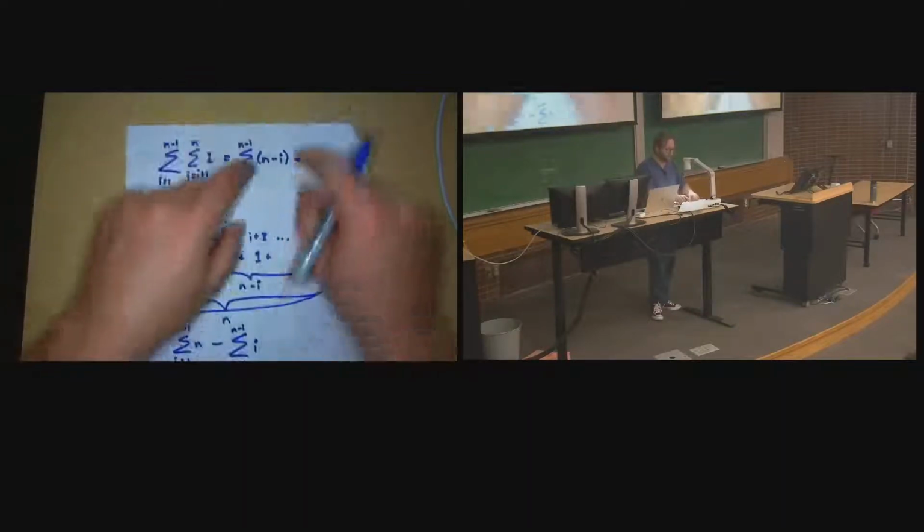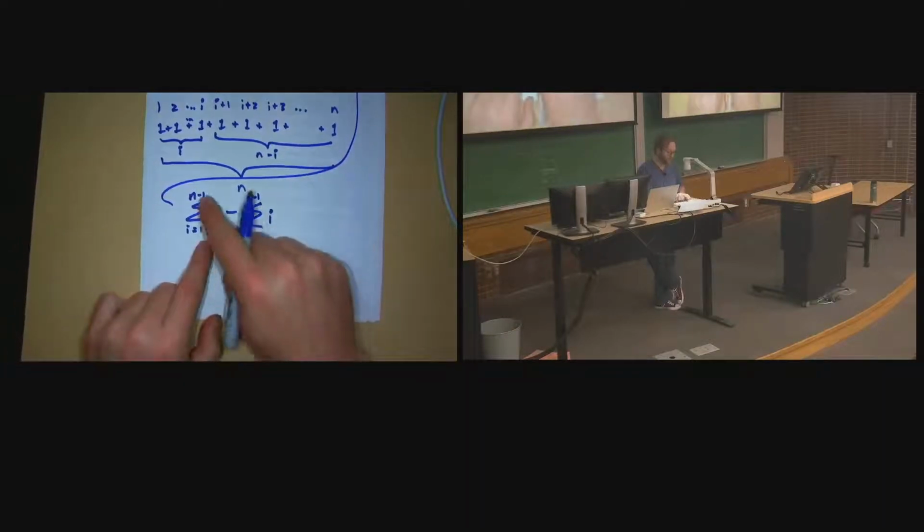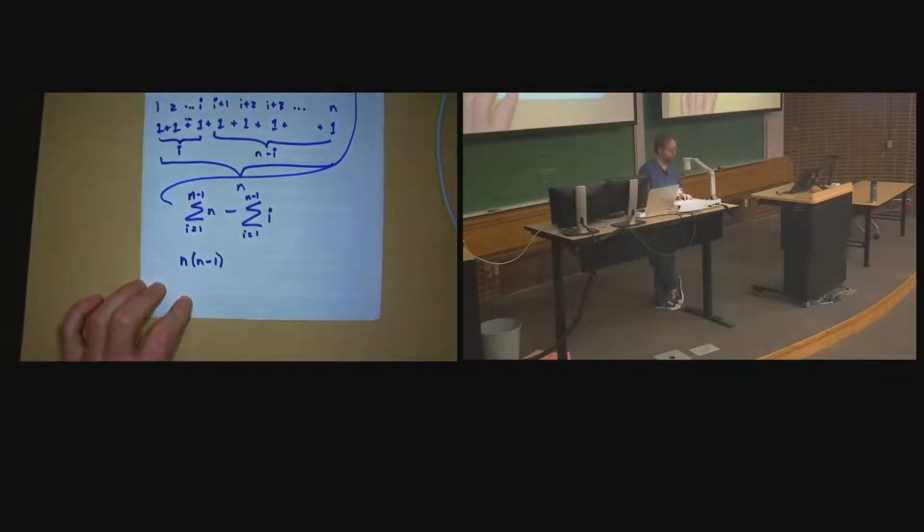I just split this into two summations. What's the first summation? This is n plus n plus n plus n. How many times? 1 up to n minus 1, so it's going to be n times n minus 1.